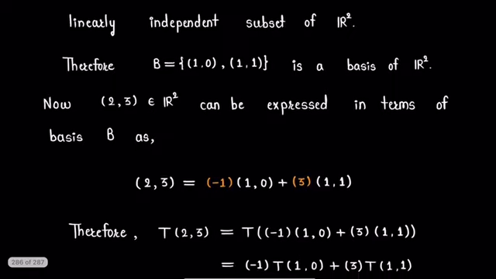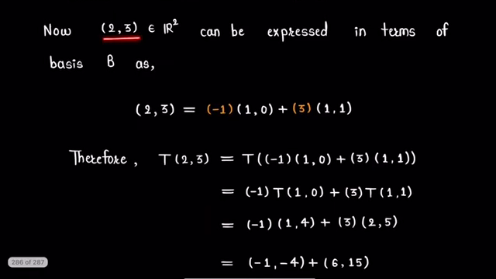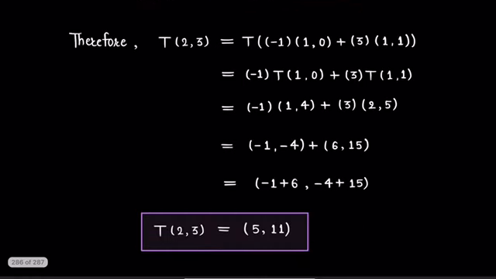Now, vector (2, 3) in R2 can be expressed in terms of basis B as (2, 3) equals minus 1 times vector (1, 0) plus 3 times vector (1, 1). Here minus 1 and 3 are unique scalars. So T of (2, 3) can be written as T of minus 1 times (1, 0) plus 3 times (1, 1).